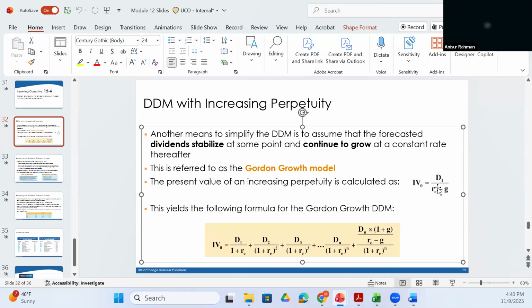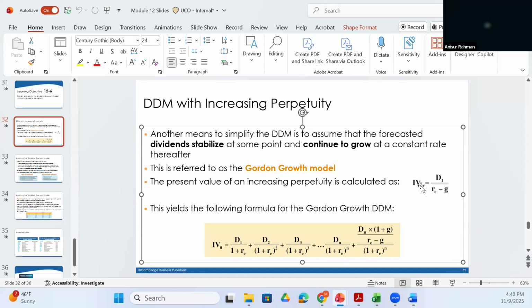When cash flow or dividends grow at a constant rate. Now what we do to find out the sum of the present value of all future cash flows, increasing, growing at a constant rate, G, this is the formula we have to use.